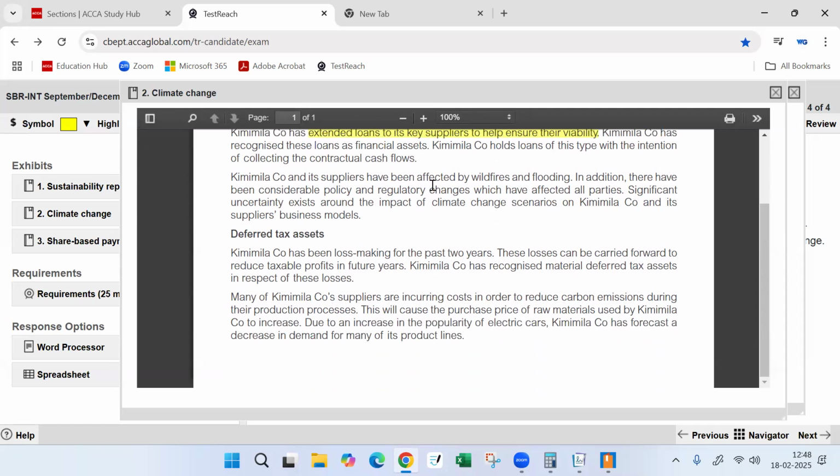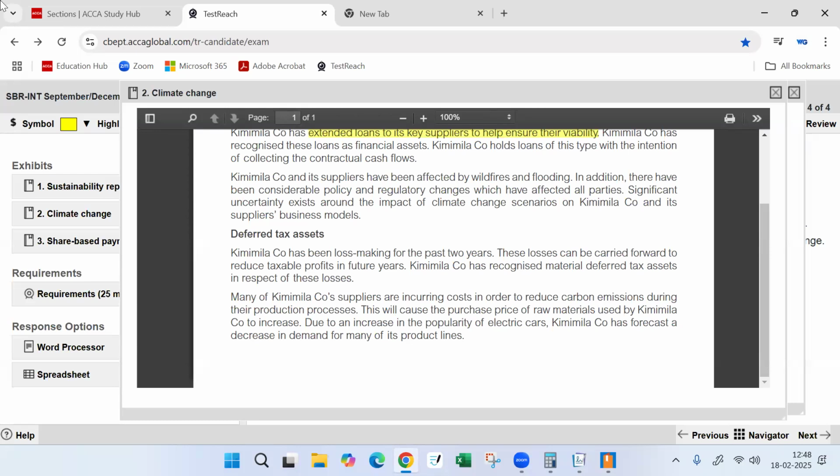Kimimila and its suppliers have been affected by wildfires and flooding. In addition, there have been considerable policy and regulation changes which have affected all the parties. Significant uncertainty exists around the impact of climate change scenarios on its suppliers' business model. So because of this climate change issues, the suppliers' business model is getting affected. And to the suppliers, we have given a loan, isn't it?